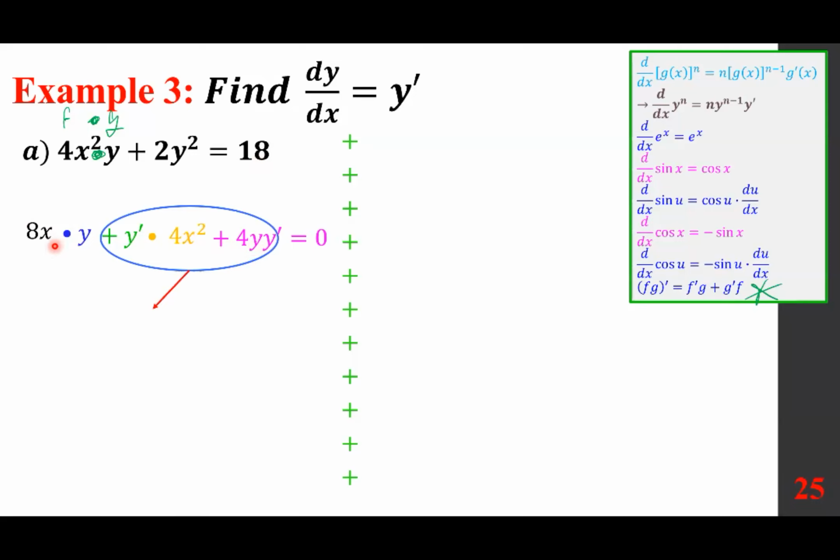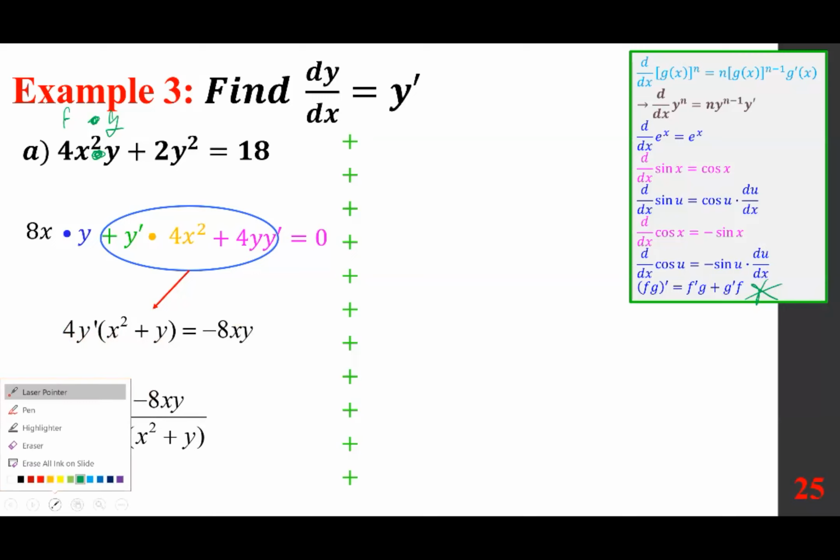What about this one? This one, we move this to the other side, becomes minus 8xy. So this moves, becomes negative on the other side. So all we have to do, divide both sides by 4 times x squared plus y.